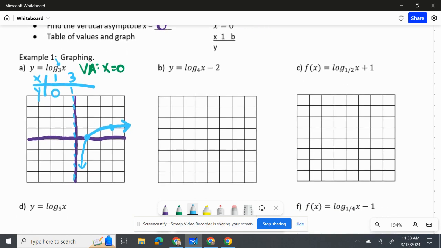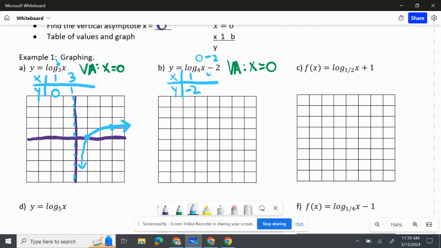So looking at the next one, we have our vertical asymptote. And once again, all of these are going to be the same. So x is equal to 0. And then what we have is our table of values. And we're going to pick our value of 1 because the log of 1 is 0. And 0 minus 2 gives us negative 2.